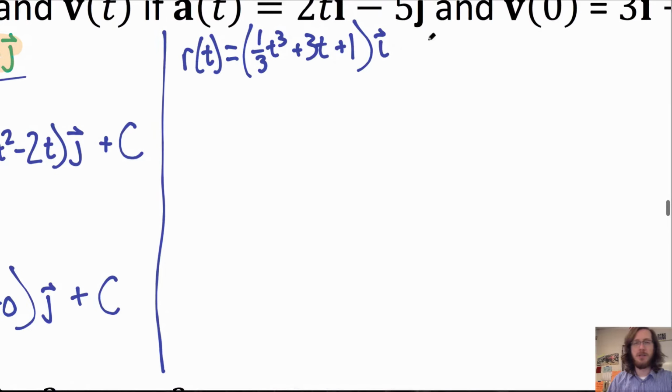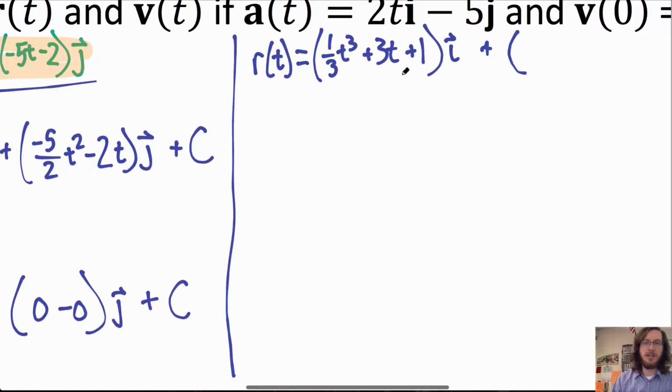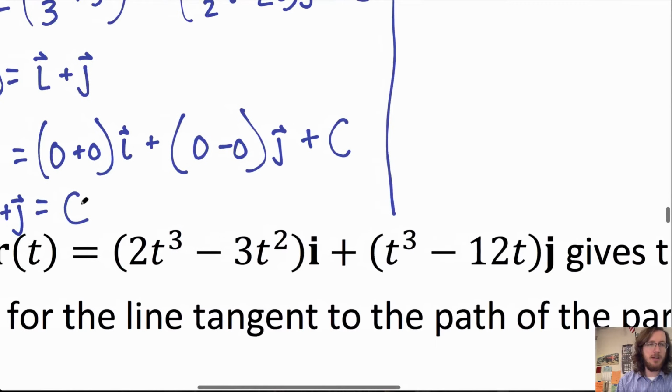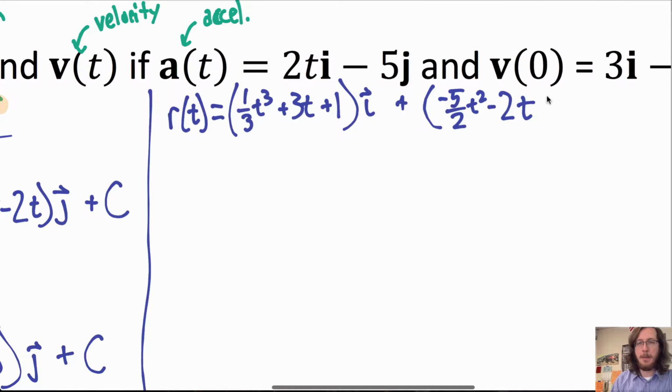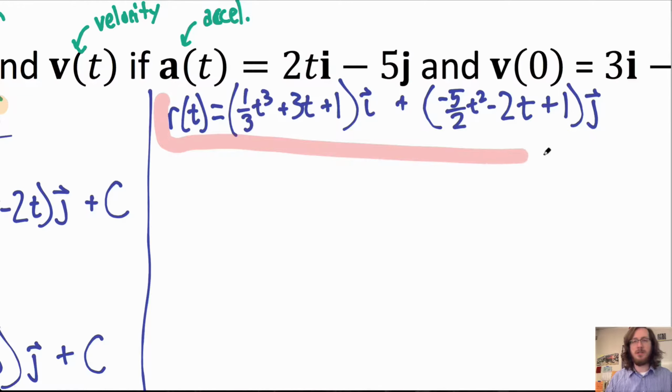And for our b value, let's take our negative 5/2 t squared minus 2t. And we also had a 1j over here, so let's add that in. And we're done. That's our position vector.